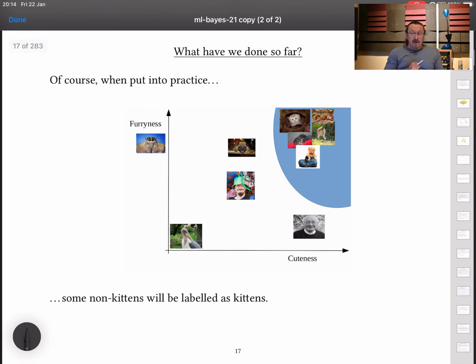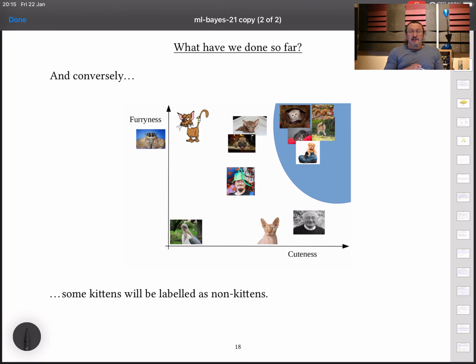However, we would expect in practice that it's not going to work all the time. Here we now have this wee chap. This little puppy is both cute and furry, but he's not a kitten. Unfortunately, he now becomes an error when Evil Robot tries to classify him. And similarly, there will be occasions where Evil Robot comes across a cat that is, in some sense, not sufficiently cute and furry and therefore will be misclassified. And we have some examples of that here as well.